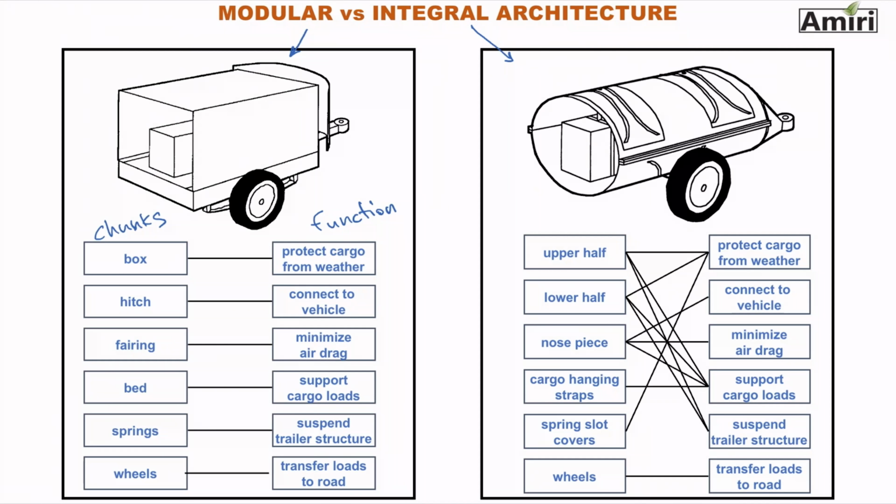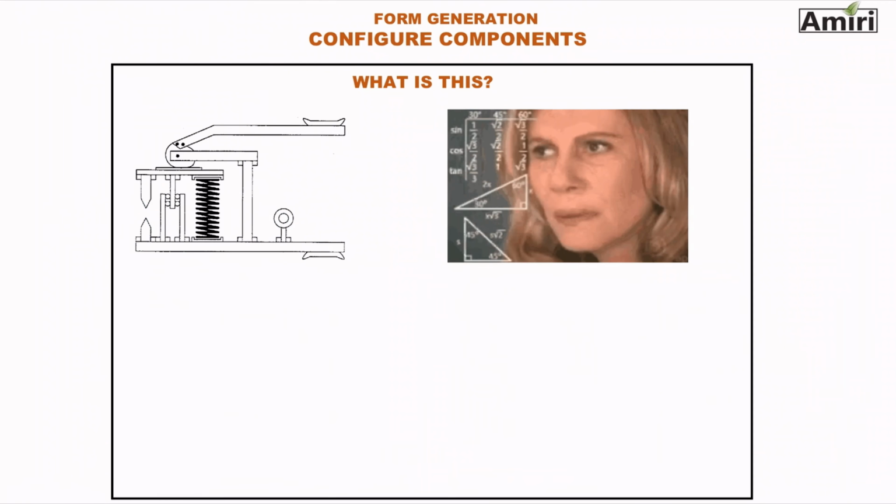Very simple relation. When you look at the integral, each chunk might fulfill several functions, or, on the other hand, several functions might be fulfilled by one chunk. So it works both ways. The wheels are still doing the same function as before, so that has stayed unchanged.